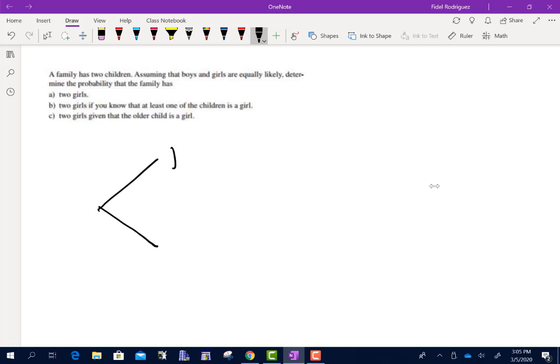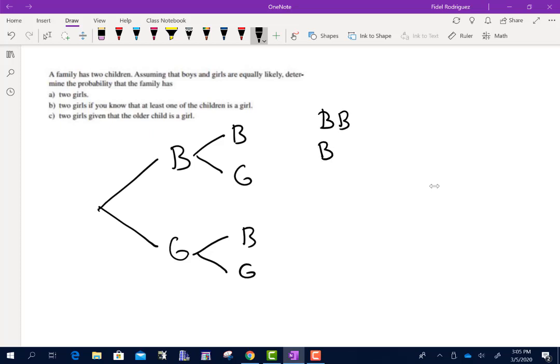So the first child can either be a boy or a girl, and the second child can either be a boy or a girl. So if I look at my sample space, we could have a boy and then another boy. We could have a boy and then a girl. We could have a girl and then a boy, or we could have 2 girls, right?